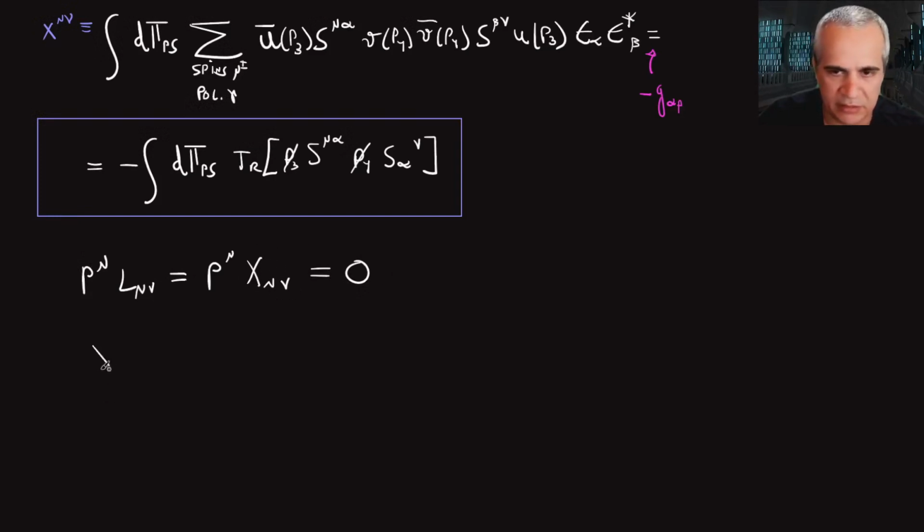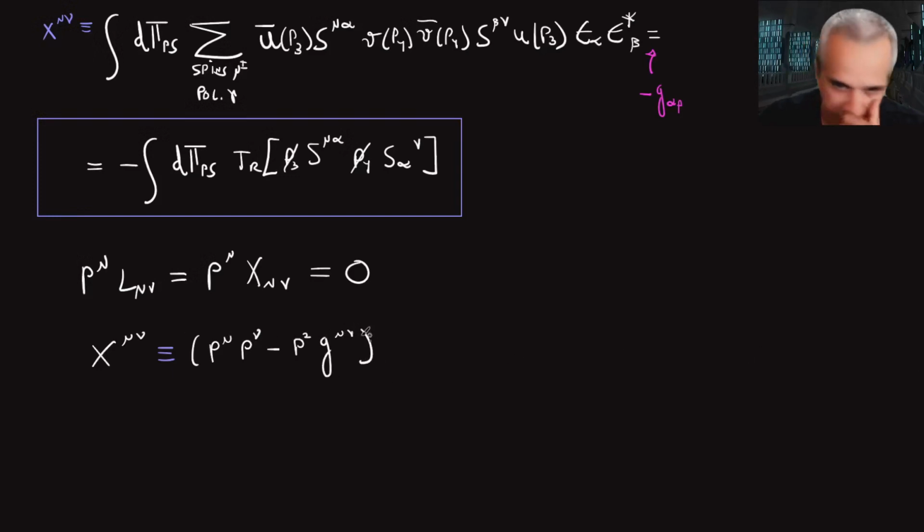And that puts a constraint on X^{μν}. That means, again, we have been doing this trick again and again. It's the same we did for the self-energy of the photon, right? That means that this guy needs to be written in terms of P^μ P^ν minus P² g^{μν}, times a function which I'm defining in this expression, which is a scalar function of P², right?